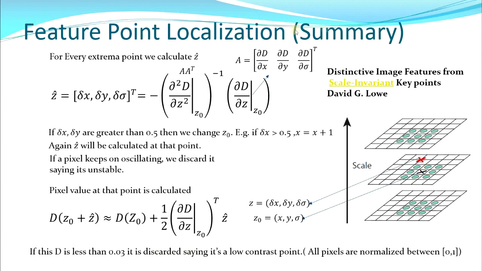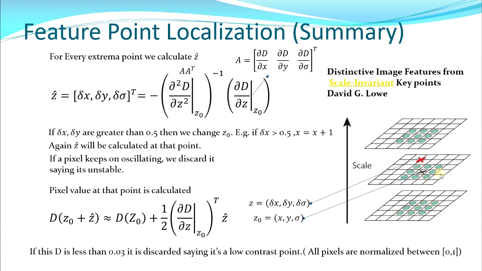So, giving a summary of a lot of maths: you get an extremum, a particular feature, using the difference of Gaussian. Now you calculate the z cap using this particular equation. So how will you calculate this del D by del z? This is nothing but a vector like this, del D by del x, that is the difference in x direction.